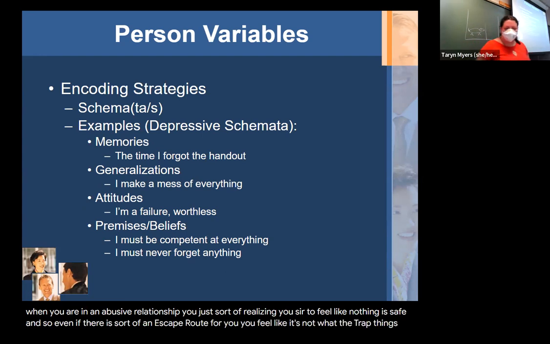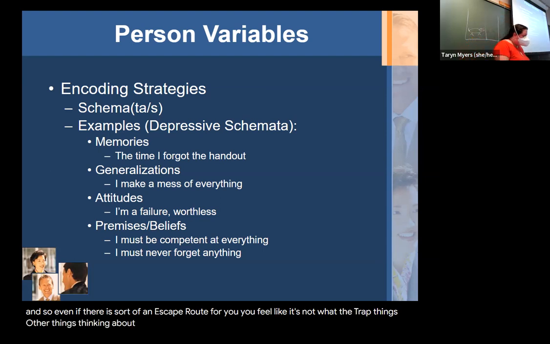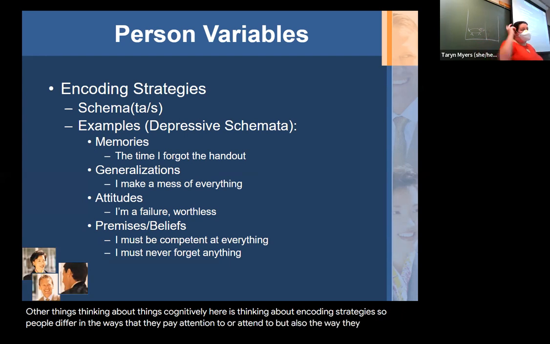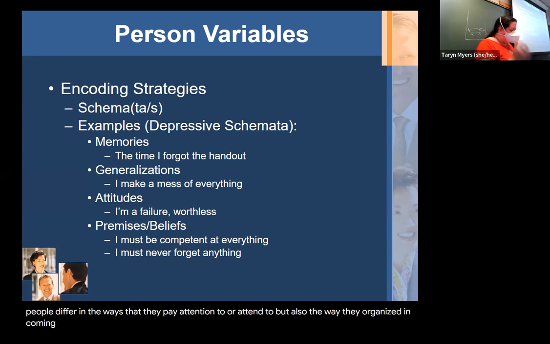All right, other things, thinking about things cognitively here, is thinking about encoding strategies. People differ in the ways that they attend to, but also the way they organize incoming information.